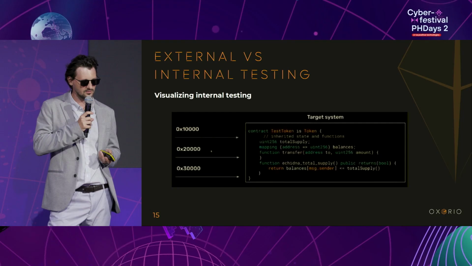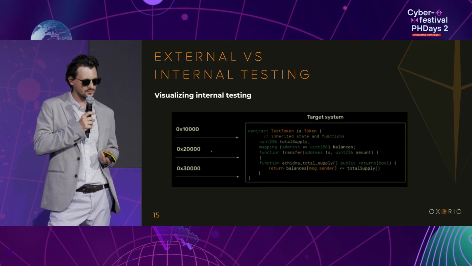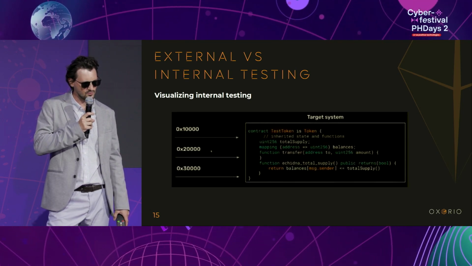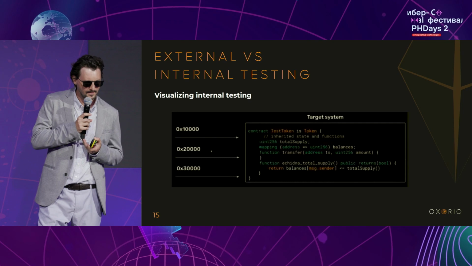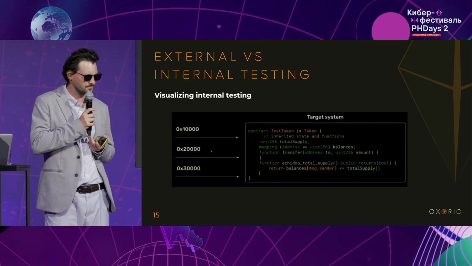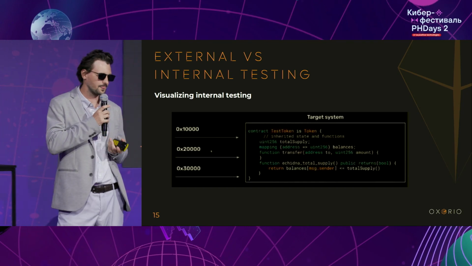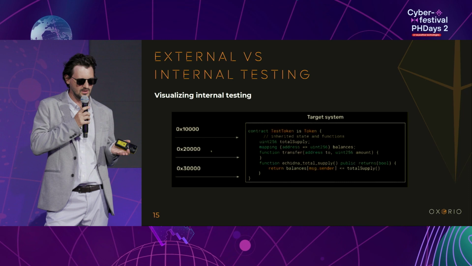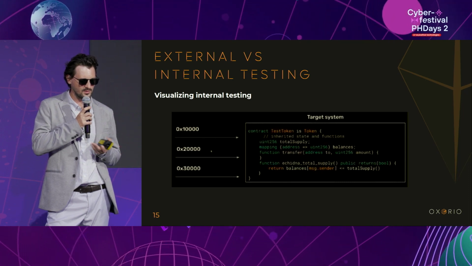This is what it looks like. We have a token, we inherit it in the test token. And we have Echidna total supply. That's all we need to actually test our token. And it could be any type of token, if you like.